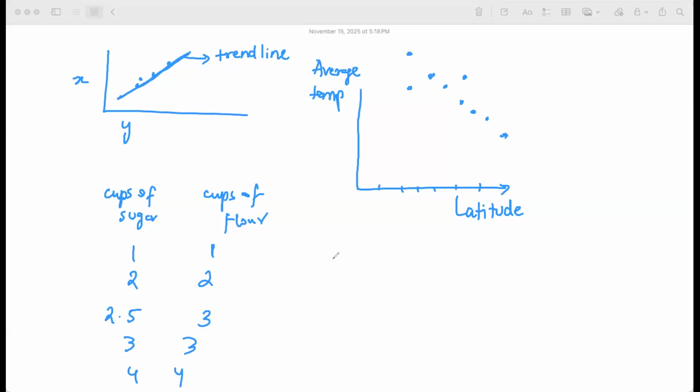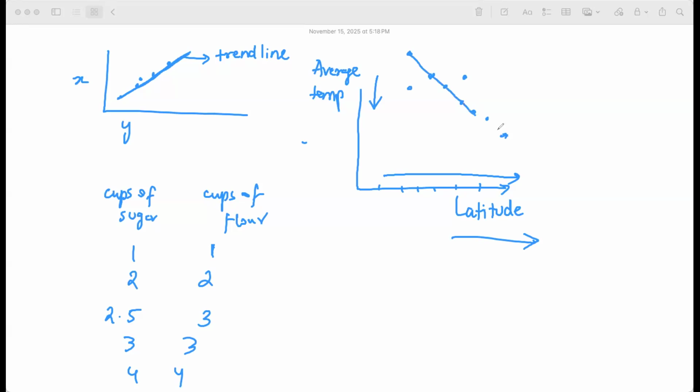What type of correlation is between average temperature and latitude? When latitude increases, what happens to average temperature? It decreases, yes, because as latitude goes on increasing, average temperature goes on decreasing.